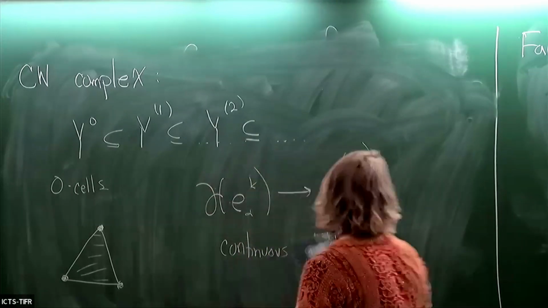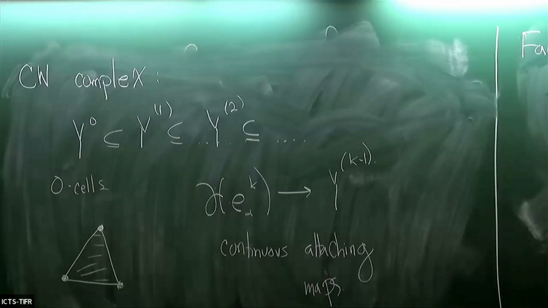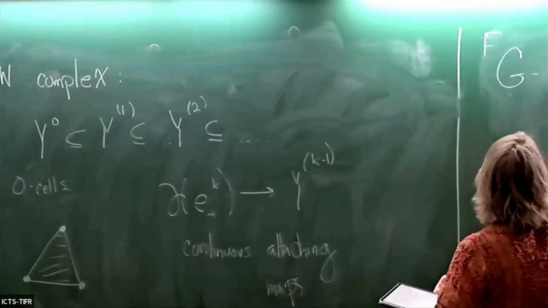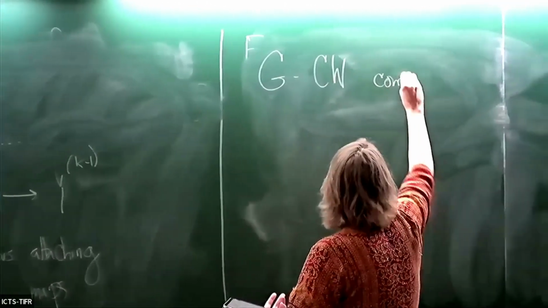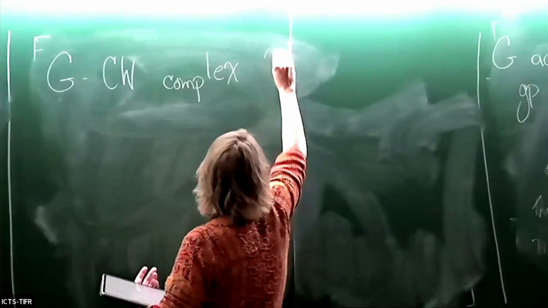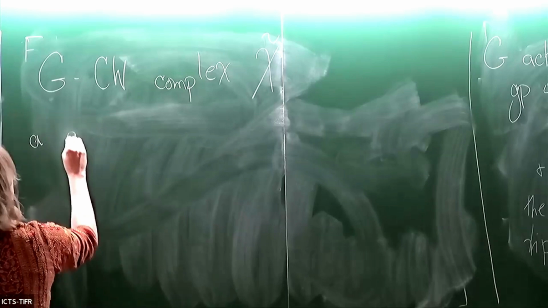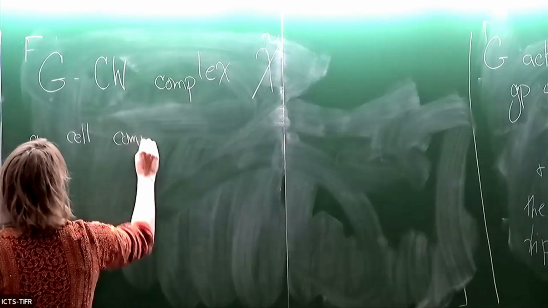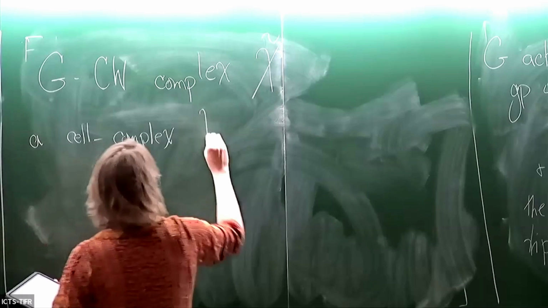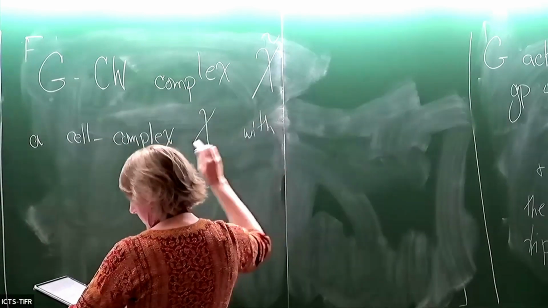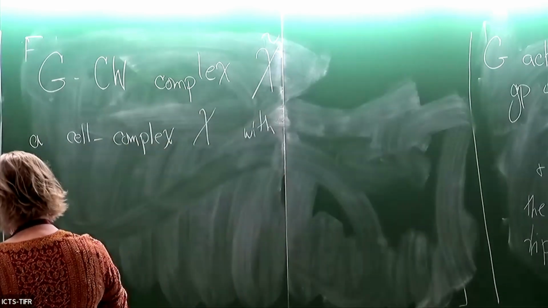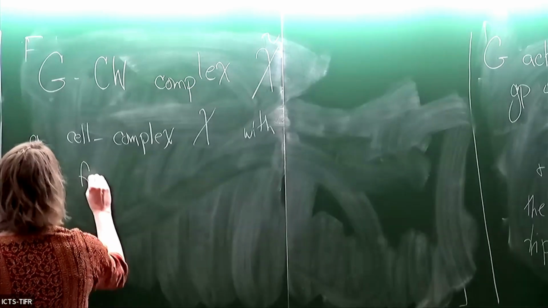Okay, so a CW complex, I'll just call it X tilde because that helps me, is a cell complex X with a free G action.